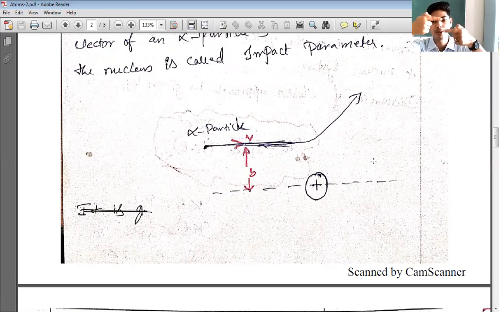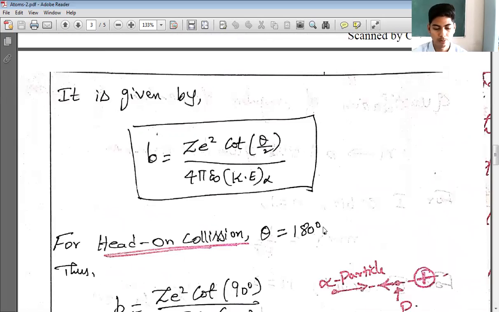Otherwise there is some perpendicular distance between the central line of the nucleus and the alpha particle. When the alpha particle starts coming close to the nucleus, the impact parameter goes on decreasing, and once the alpha particle starts moving directly towards the nucleus, the impact parameter becomes 0. So impact parameter is 0 during head-on collision.